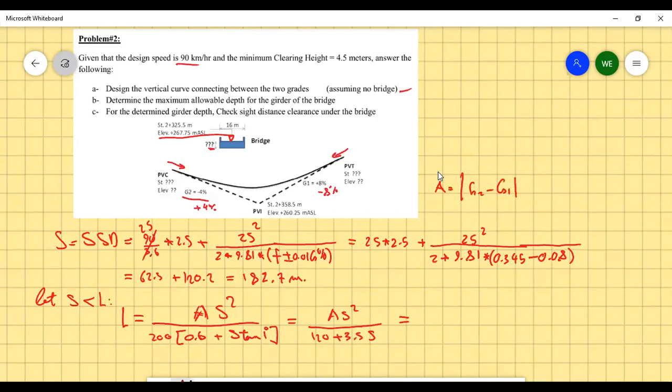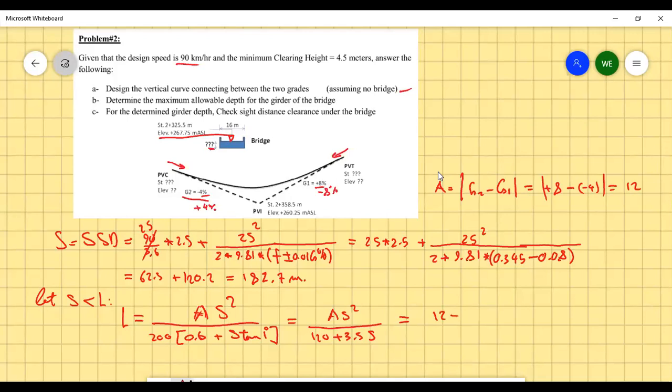A in this case would be the absolute difference between G2 and G1. So here we're going to take the positive and the negative: plus 8 minus 4, so it's 12. So A is 12.